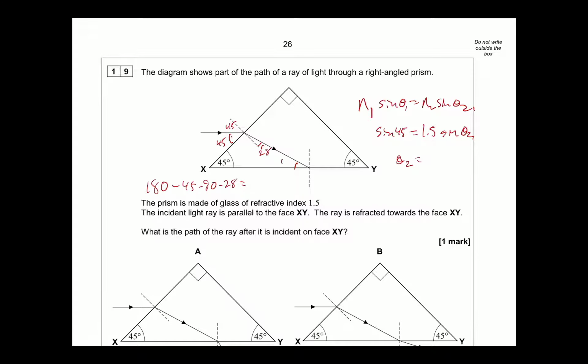Okay, so that makes that 17, which makes this 73.